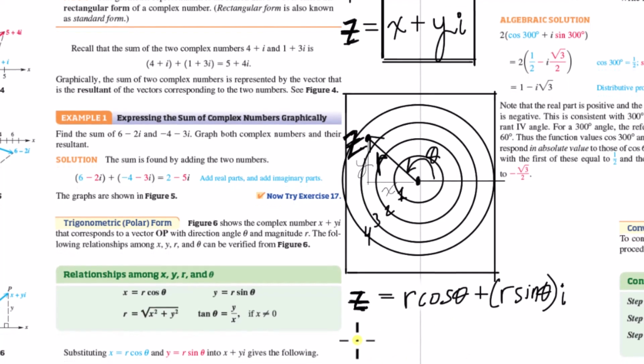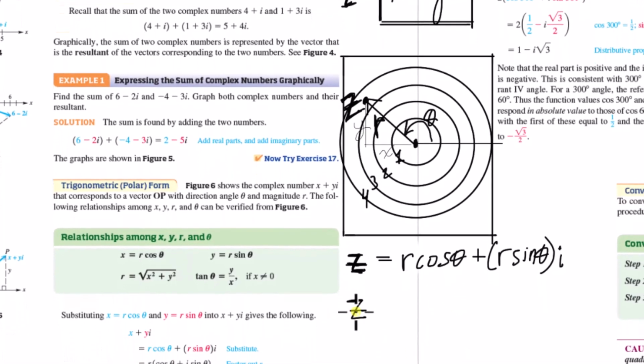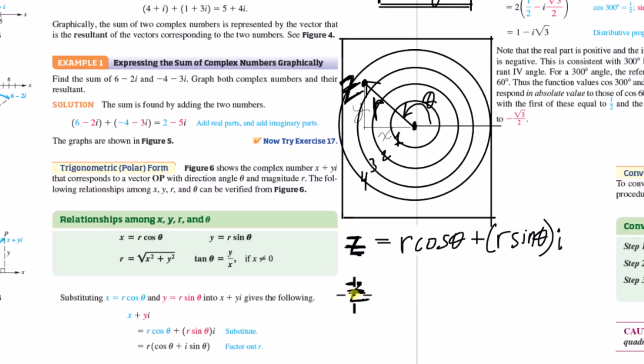Now what we can do, just to make this a little bit clearer, is factor out the r and get r times cosine theta plus i sine theta.